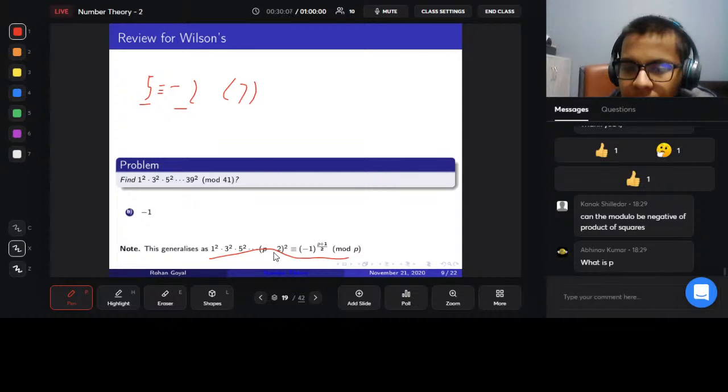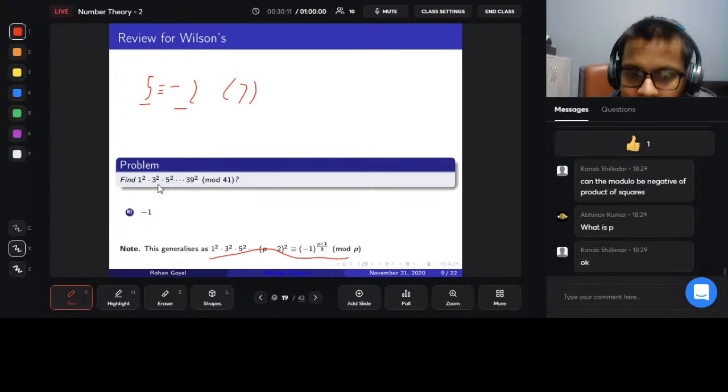For any prime, this is true. Similarly, when we say this is congruent to minus 1 mod p, that just means if I add 1 here, then this whole number will become divisible by 41.